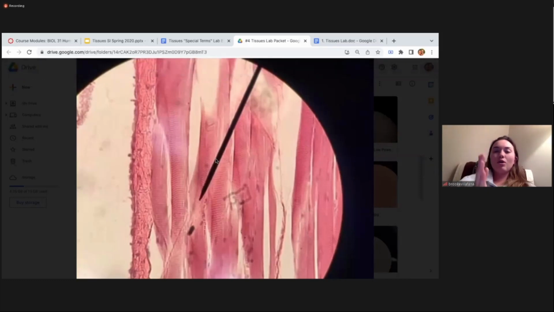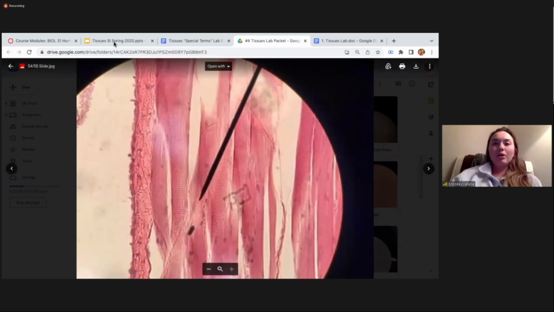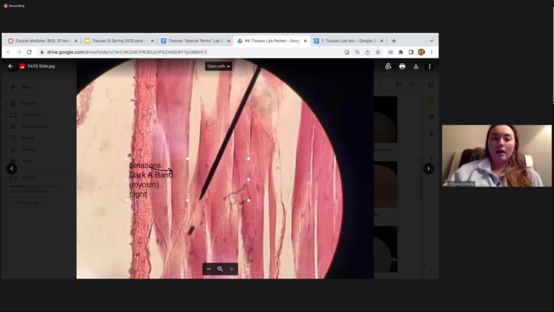I know they look a little crisscrossed, but mostly it's just up and down, right? And then you can really easily see the striations, which are made up of our dark A band, which is myosin, and our light I band, which is actin.